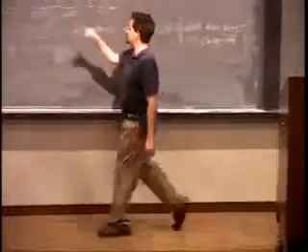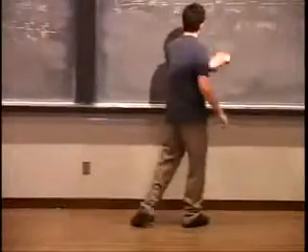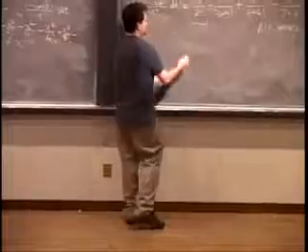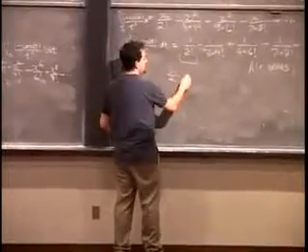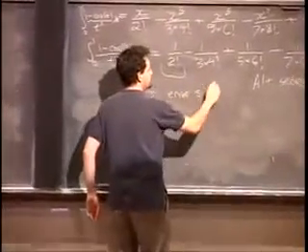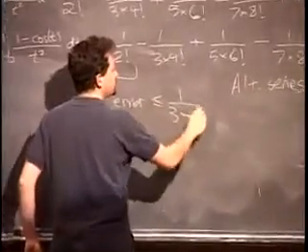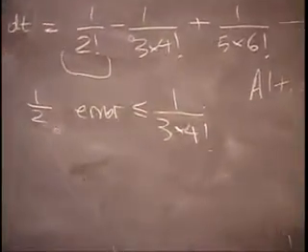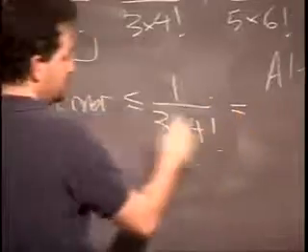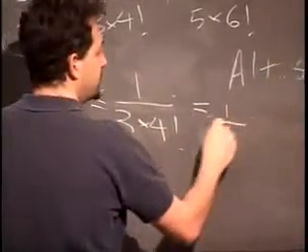So in particular, we could use 1/2 with an error less than or equal to 1 over 3 times 4 factorial. That's the absolute value, which is, as I said, 1 over 72.